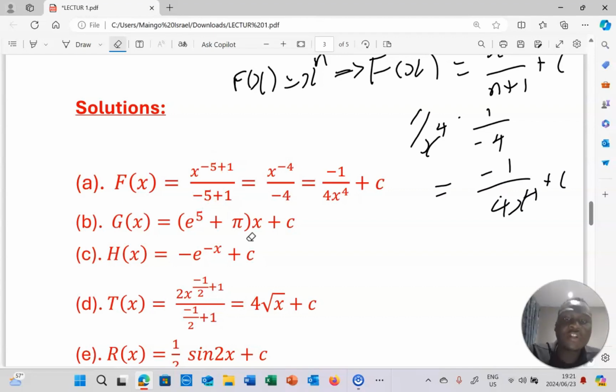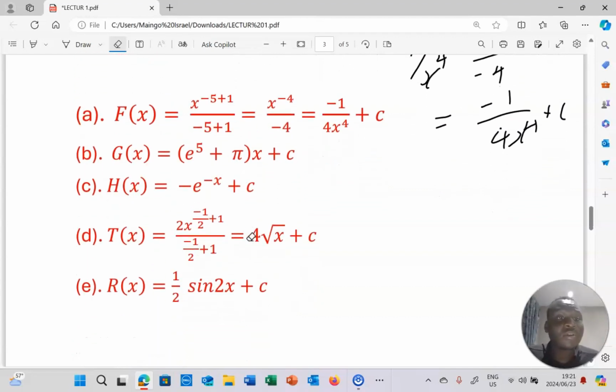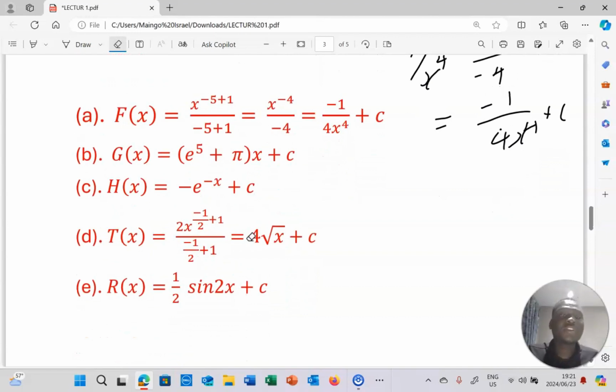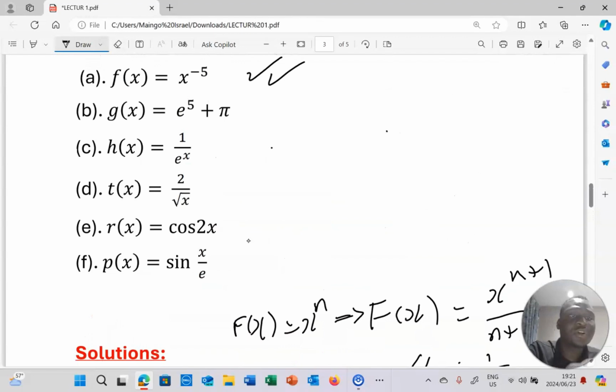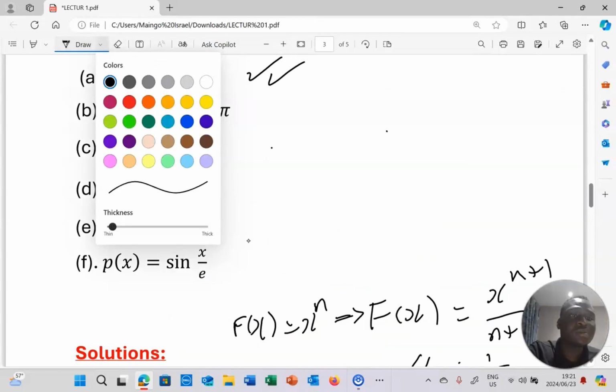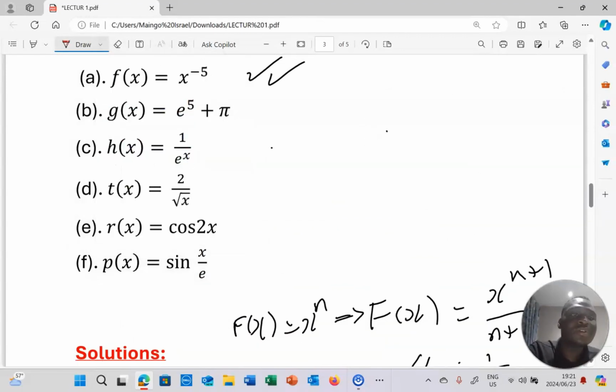Number B is a constant. So e to the power 5 plus pi, they are constants, they are numbers.